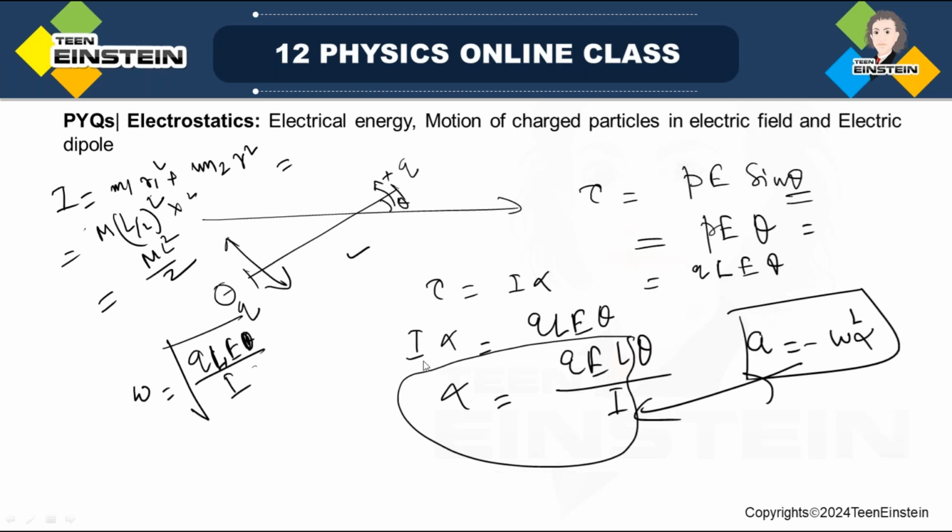now we have to find out omega, which I have got here: Q into E into L by I. I is actually m L square by 2, so 2 will go there and here it will be m L square. Okay, let me just write it here itself.